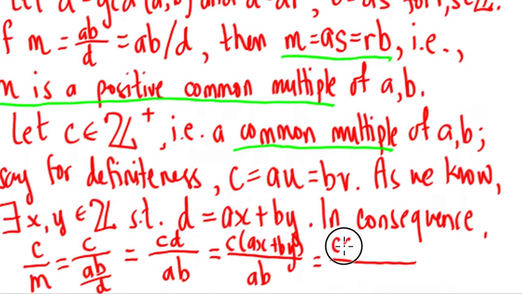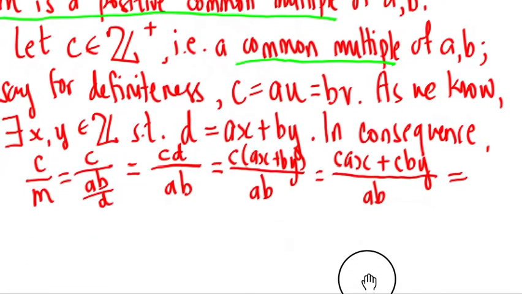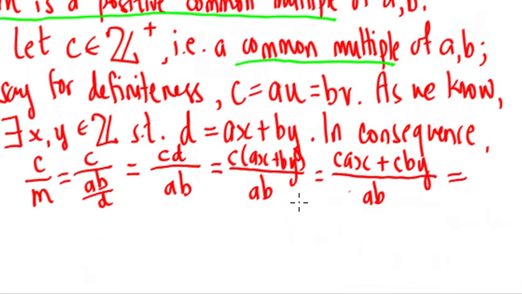CAX plus CBY all over AB. And then we cancel out what we can cancel.